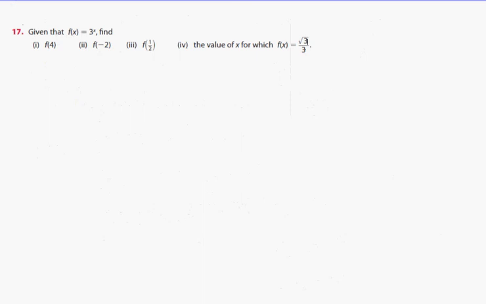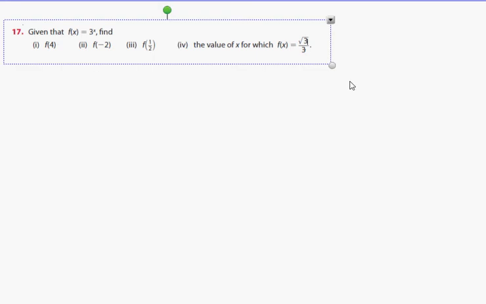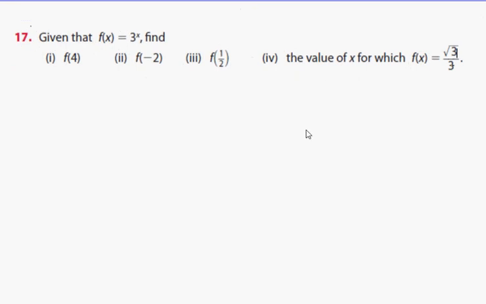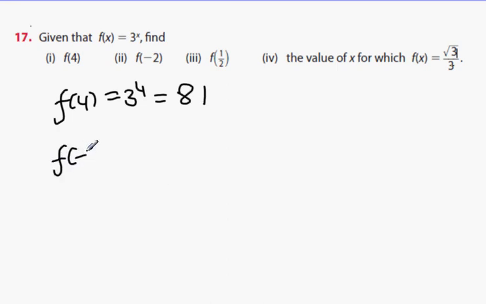Number 17. Now, can anybody tell me how to go about doing this one? What's 3 to the power of 4? 81. What's f of minus 2?